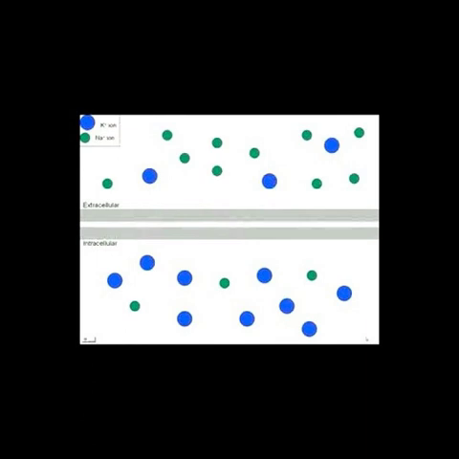So that when it's exposed to the intracellular environment, it has an increased affinity for potassium ions, and then when it's exposed to the extracellular environment, it has an increased affinity for sodium ions. And so it's that changing affinity and the changing conformation that's driven by this energy-dependent process that sets up the membrane potential.